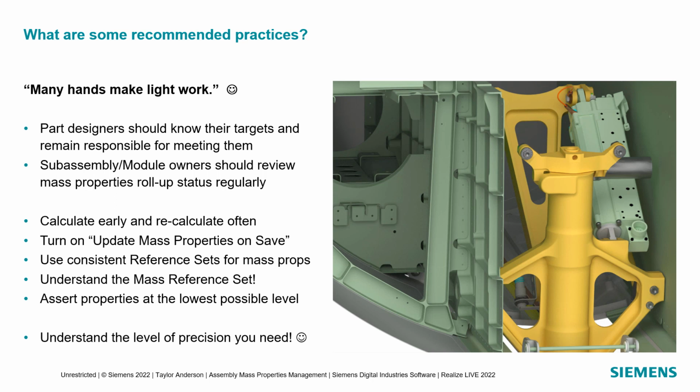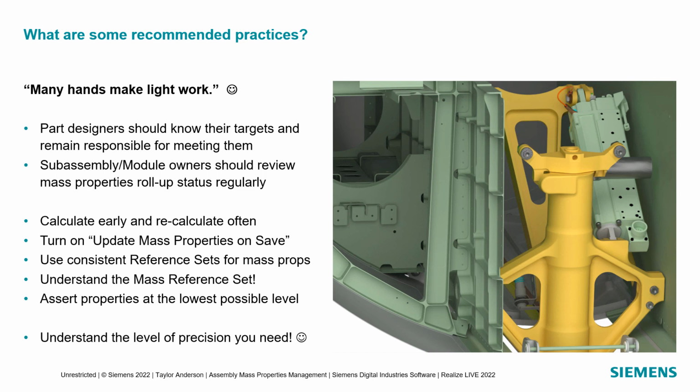Assertions. A couple things on assertions really quickly. As it says here, you're going to want to aim for the lowest possible level. You can assert mass properties at subassembly levels, and that works well, but assertions at the individual component level are going to roll up easiest and most consistently as components get reused again and again.